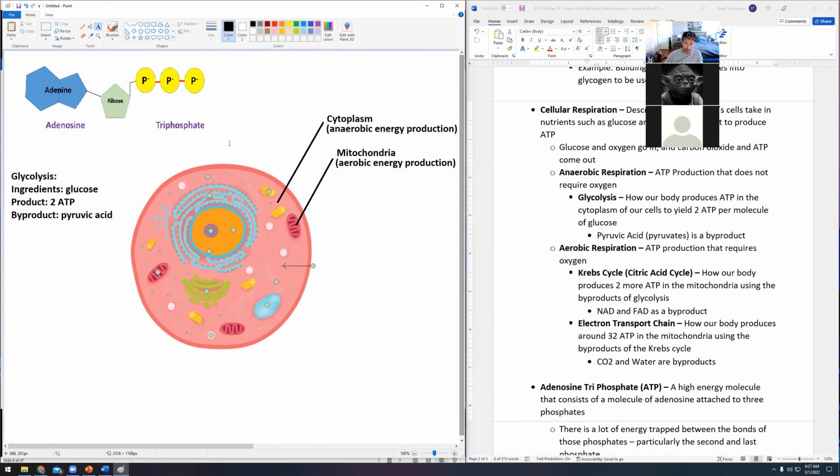And this is going to spit out about, depending on who you ask, 32 to 36 molecules of ATP. That's way more than making 2 every time, right? So our body was like, this is great, I'm going to keep this mitochondria thing around. And that's sort of how it came to be in animal cells.